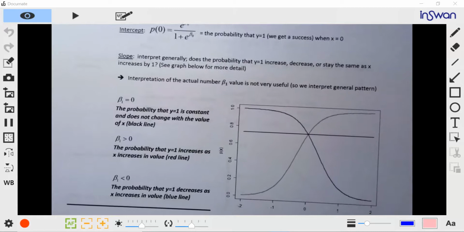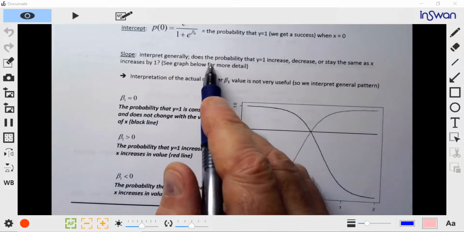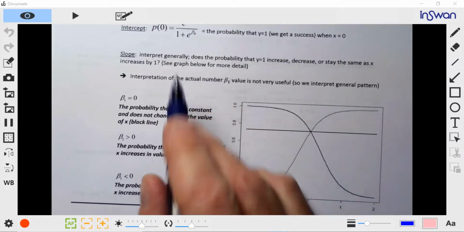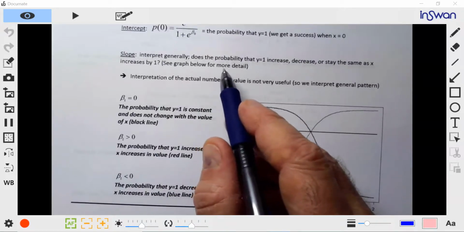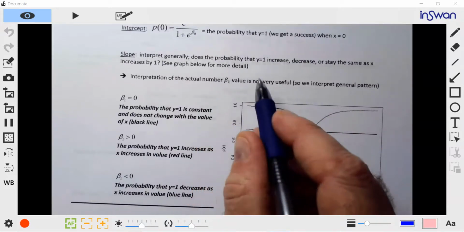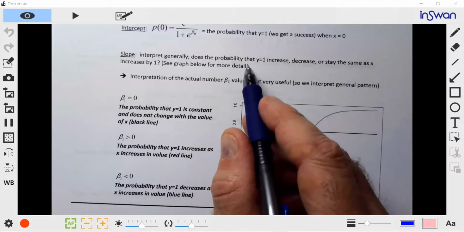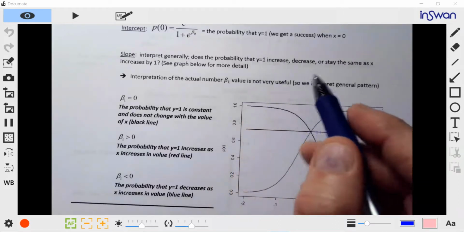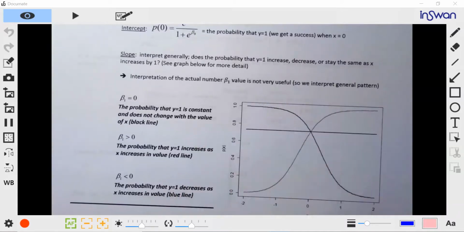But for the slope itself, it's a little difficult to interpret the actual number. Instead, it's easier to interpret more generally using the sign. If we have a positive slope, then the probability that y equals 1 increases as x increases. If we have a negative slope, you'll see that it decreases, or maybe we have a flat line.